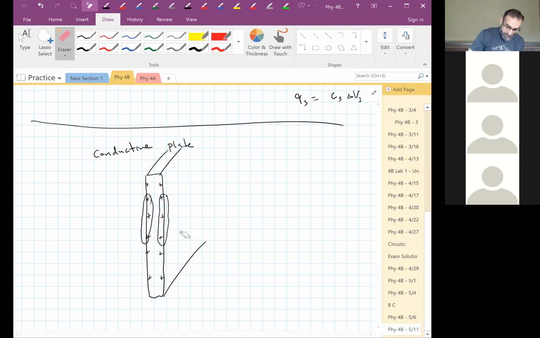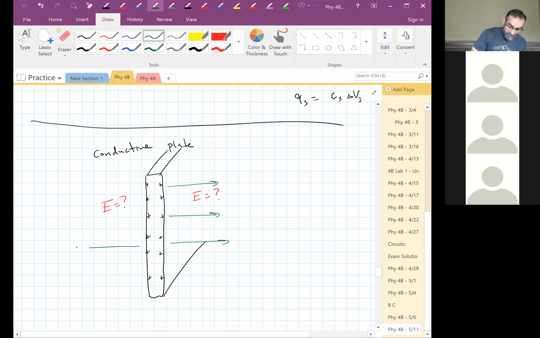So when we use this to get E, we know the electric field is going to come off in both directions, right? We would draw a Gaussian surface.